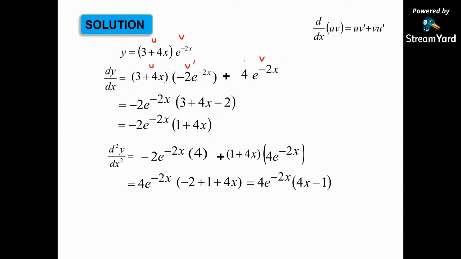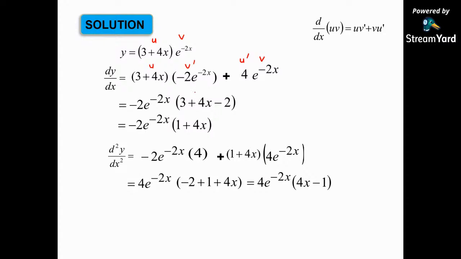Okay, so this is v, this is u prime. So u is 3 plus 4x, v prime is negative 2e to the power of negative 2x, u prime is equal to 4, v is e to the power of negative 2x. I think I told you guys to try and do this, right? Saya dah minta tolong buat kan, sebab tu saya keluar pop macam tu je.